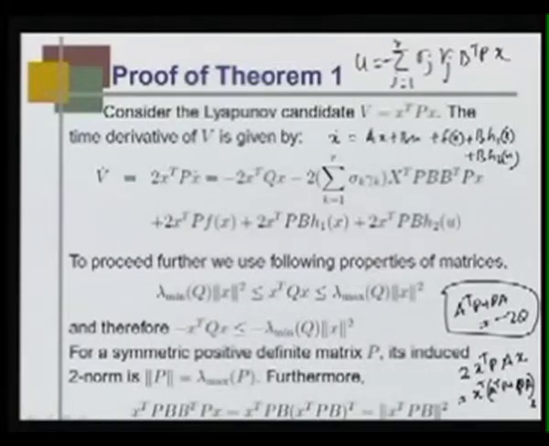So you see that A transpose P plus P A equals minus 2 Q; then I can write 2 x transpose P A x as x transpose times A transpose P plus P A, times x, and this quantity is now minus 2 Q.